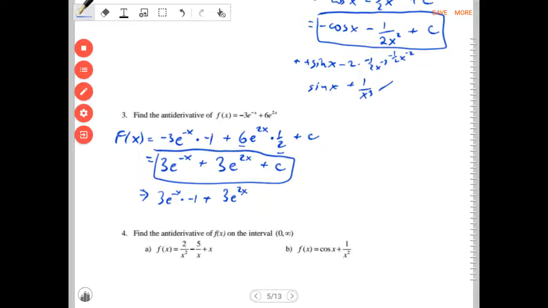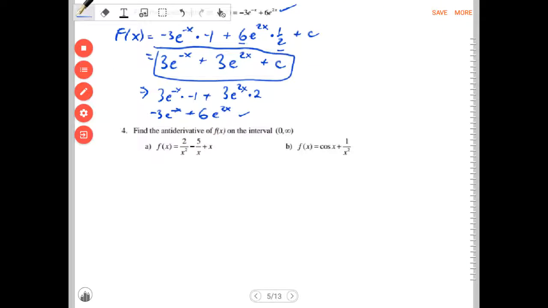Remember, the derivative of e to the x is e to the x, so the derivative of e to the 2x is e to the 2x, but we chain rule out a 2. And the derivative of c is just 0. So the negative and the 3 went together, negative 3e to the negative x, plus 3 and 2 make 6e to the 2x. And if you have a look at that, that is our question again, so we know we did it right.